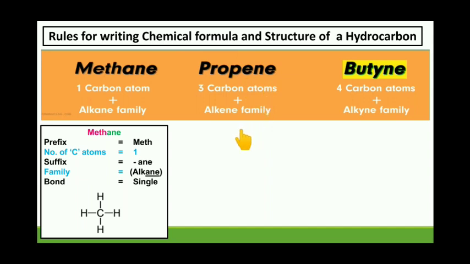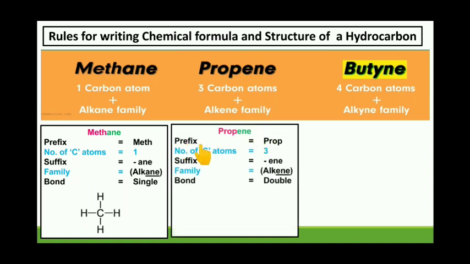So how will you write the information about this propene? Prefix is prop, means it contains 3 carbon atoms. The suffix is ene, which tells us that it belongs to alkene family. Alkenes have carbon to carbon double covalent bond between them. So let us draw the structure of propene.